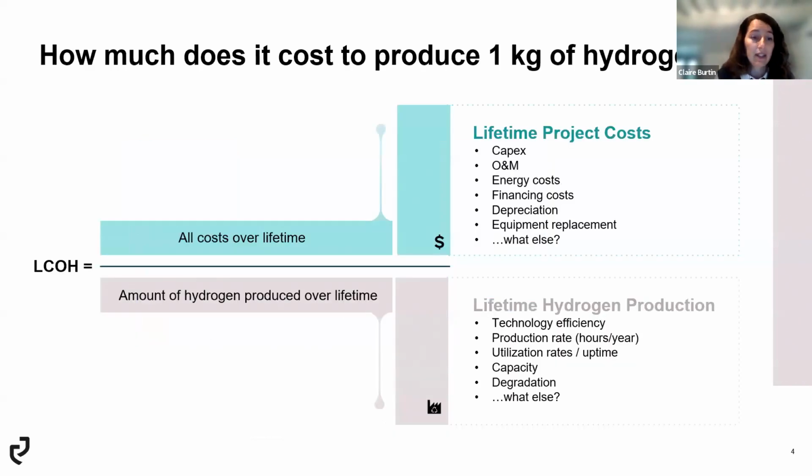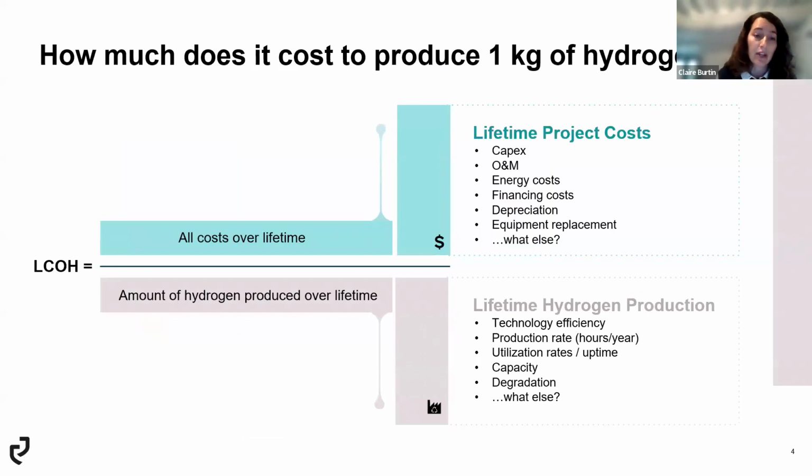Now let's dig in a bit more on how we define the levelized cost of hydrogen. Basically, it is a tool that helps you answer the question: how much does it cost me to produce 1 kilo of hydrogen? This question is not really easy to answer because there are a lot of different parameters that are linked together.